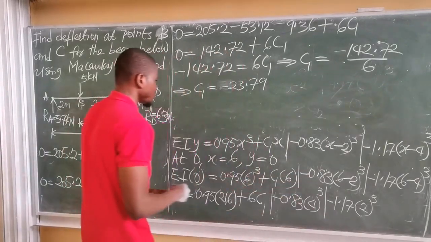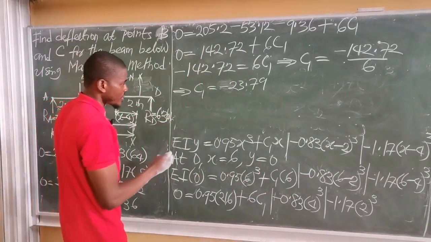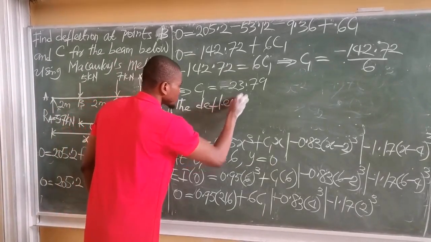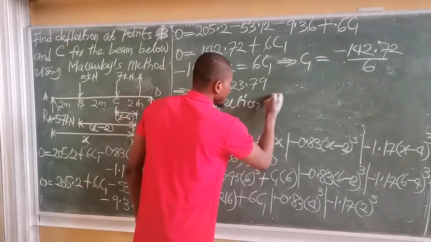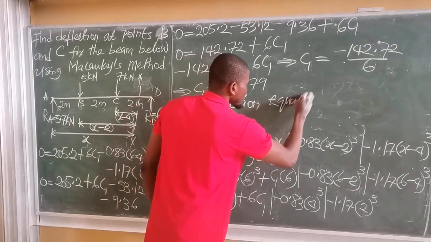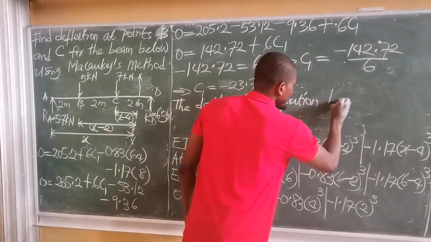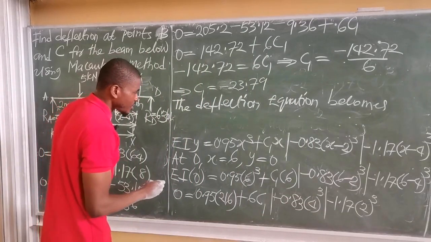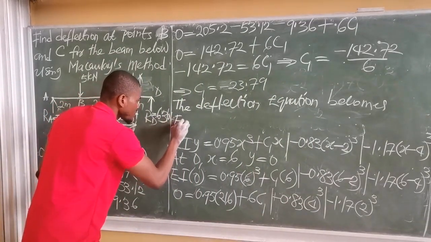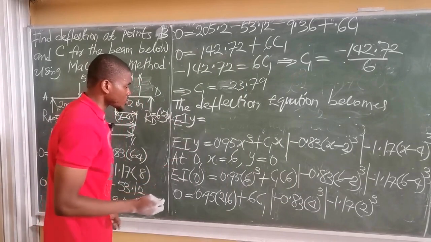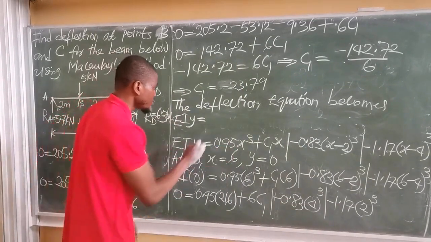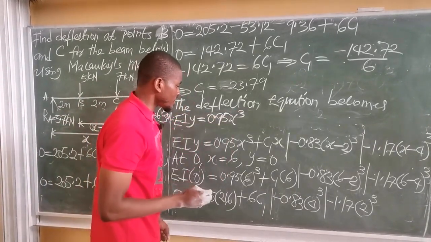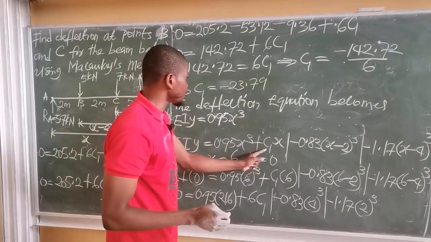So the deflection equation becomes EIY equal to 0.95x cubed plus C1x, but we know the value of C1 now.